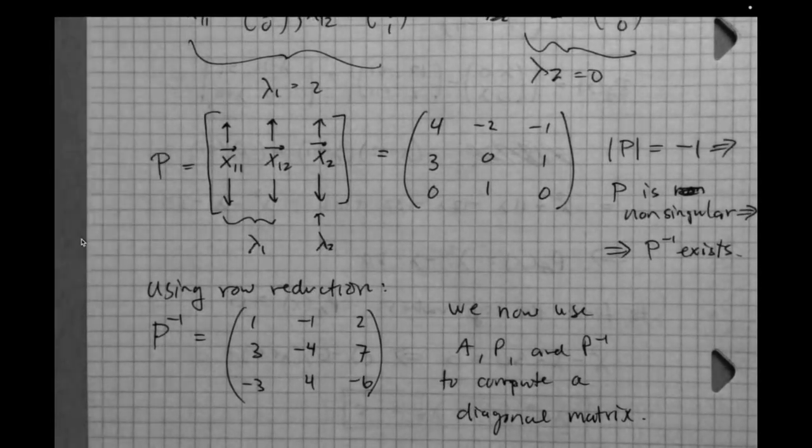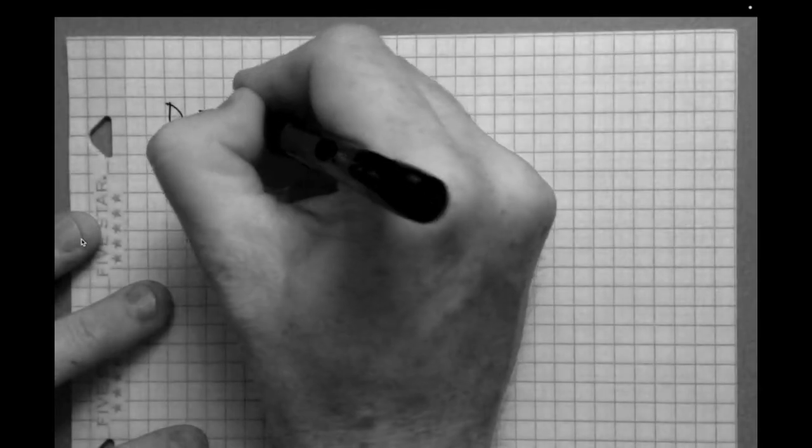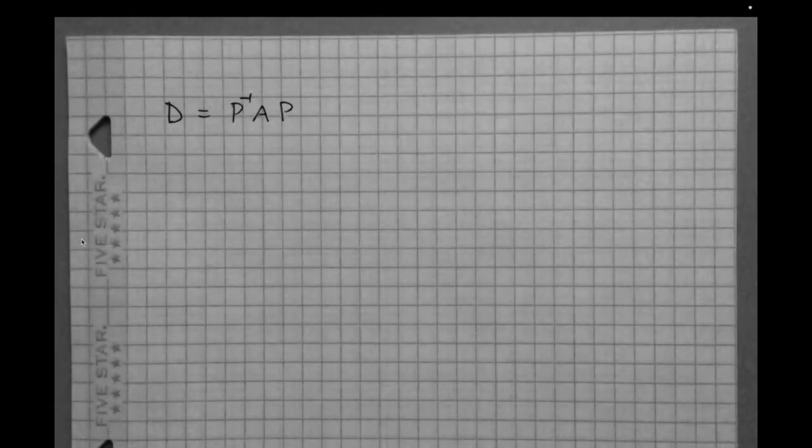Once we've identified our eigenvalues and eigenvectors, we can construct P easily, calculate the inverse of P right here, and then we can use P and P inverse to do what's called diagonalizing A. Our diagonal matrix is going to look like this: D for diagonal is equal to P inverse times A times P.